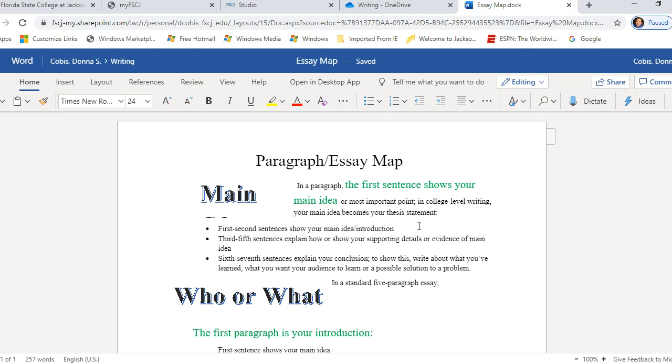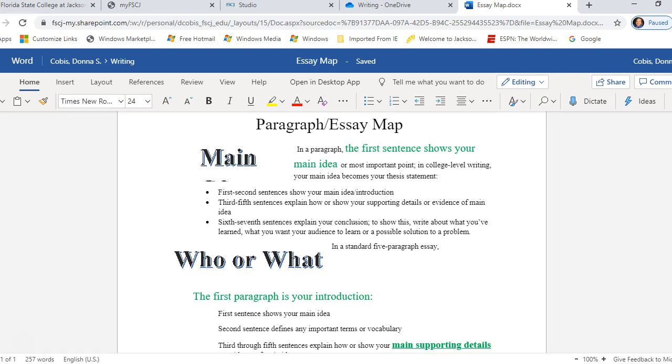Your first sentence may be a lead sentence, could also be called a hook, because the purpose of that sentence is to interest the reader. Your main idea sentence could be your first or second sentence, or your last sentence. Those are the three most likely places that you'll have it. But you could have it anywhere in your first paragraph.